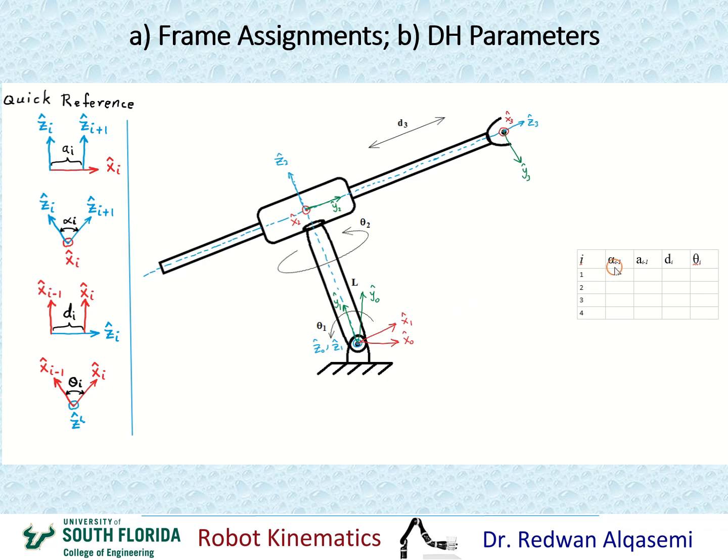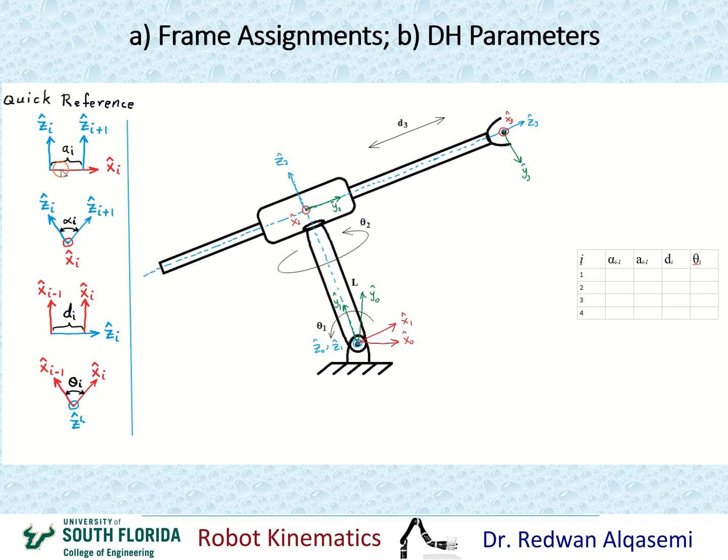So we're going to start with alpha. Here we have alpha i minus 1. When i equals 1, that means we're looking at alpha 0. At the same time we're going to look at a i minus 1. So when i equals 1, that means we're looking at a 0. Again, alpha and a always have to deal with the distance and angle between the z-axes.